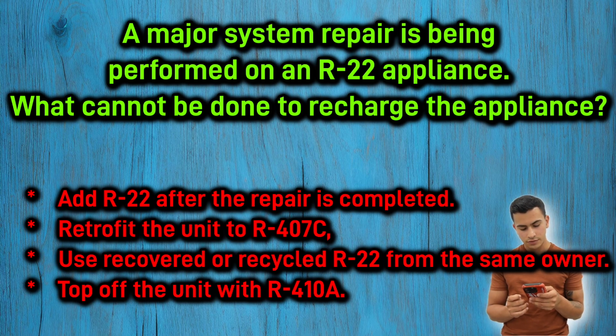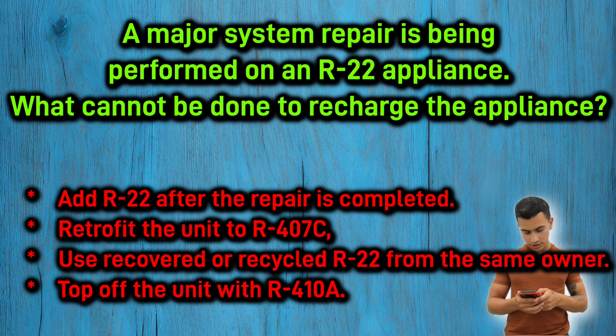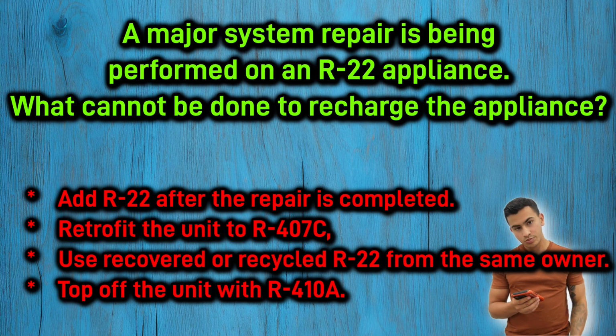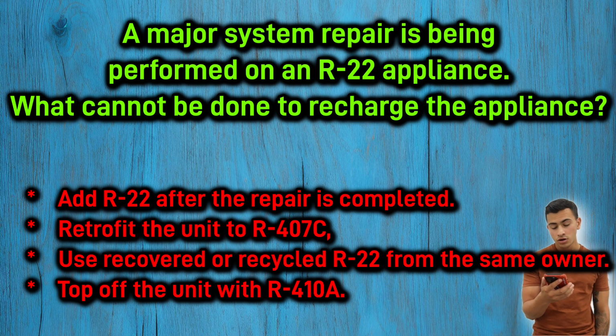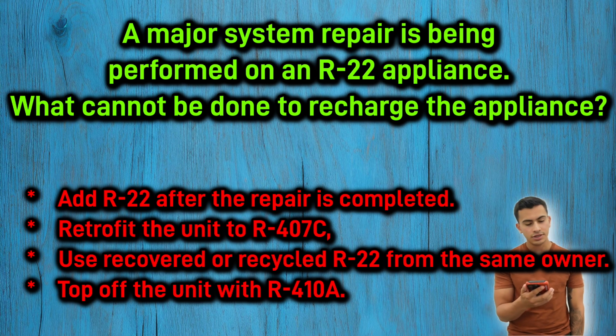Use recovered or recycled R22 on the same owner. Top off the unit with R410A. So what cannot be done? That will be top off the unit with R410A. That will be the answer for number 11.